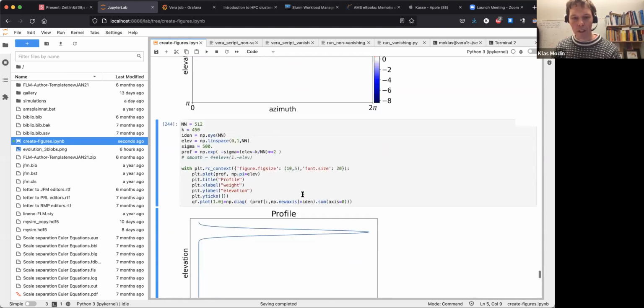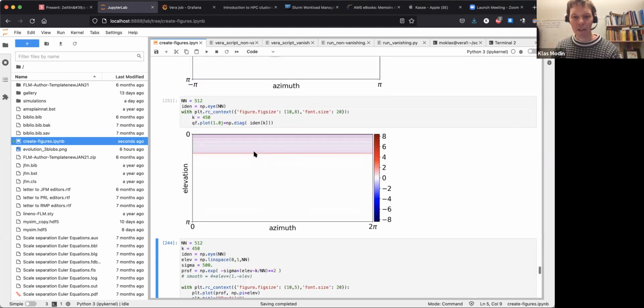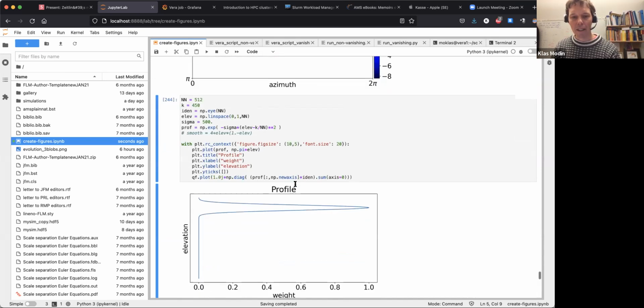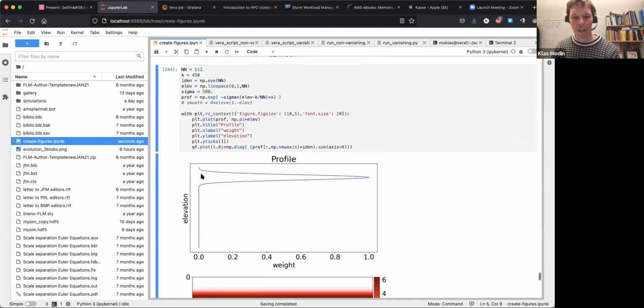So what do I do now? Instead of just taking one eigenvalue, I take a convolution specified by some function. I select just some of the eigenvalues close to this value at a certain elevation. And then let's see what I get.